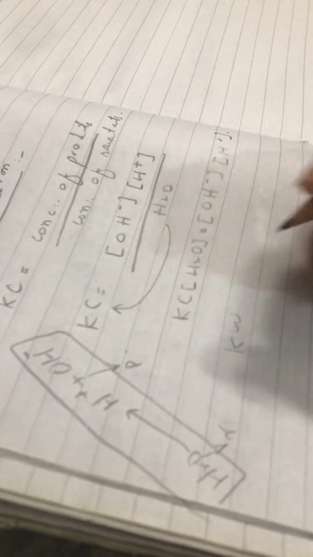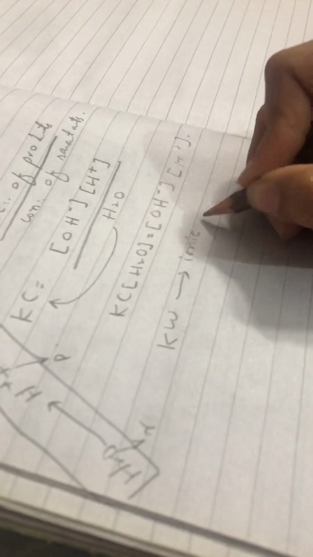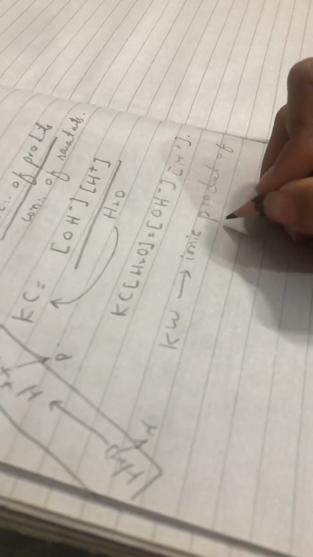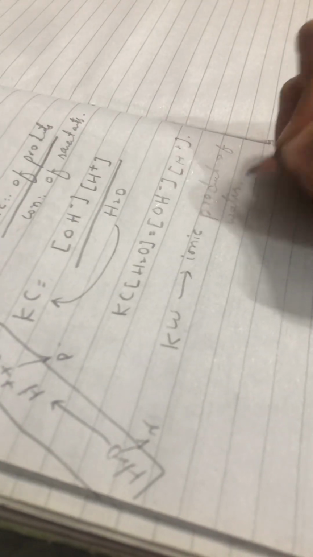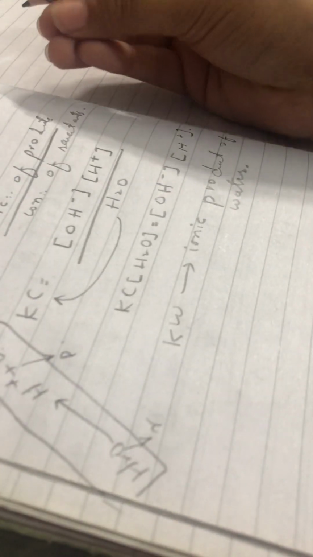So here Kw is basically the ionic product of water. We were doing the derivation of the Kw, that is the ionic product of water.